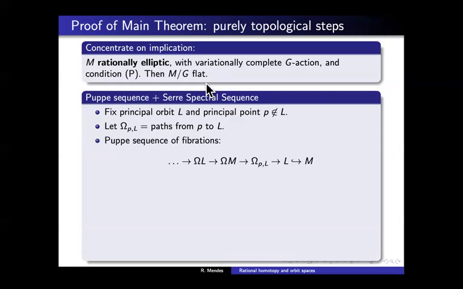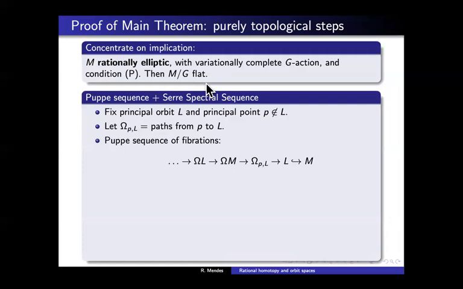This is a standard thing you do in topology: you modify maps by homotopy equivalent spaces and homotopic maps to make it a fibration. Then it continues. The next map, ΩPL to L, is itself, up to homotopy equivalence, a fibration with fiber the loop space ΩM. And then that map is also a fibration with fiber ΩL, and so on.